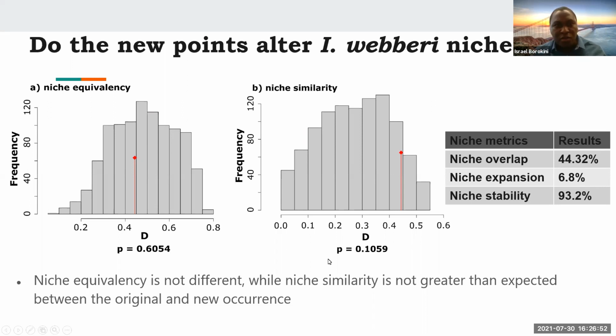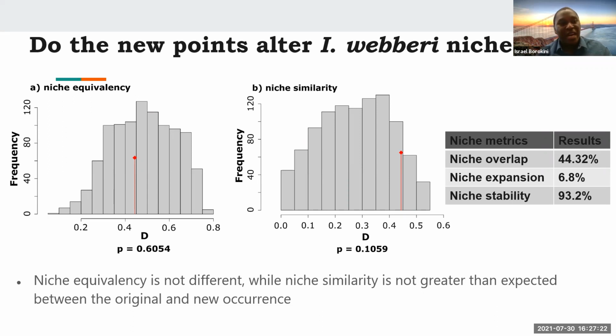And also using what is called the niche equivalency. The niche equivalency is another metric that was developed which estimates the degree to which you can use the new points to exactly predict the old points. That is, if we use the new points as training and use the old points as test, can they predict each other with a high degree of similarity?